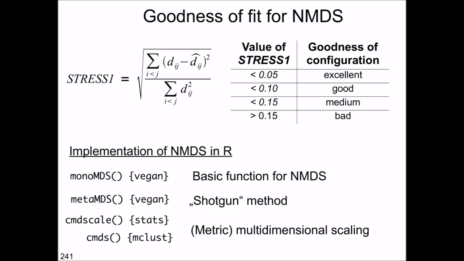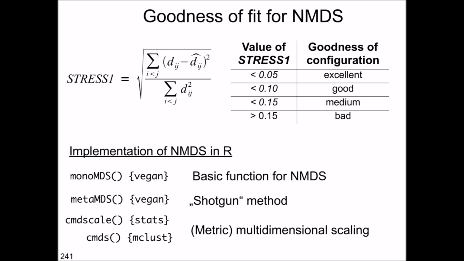And this so-called goodness of fit measure is called stress 1. And you see on the right side of the slide values of stress 1 and an interpretation of how good the configuration is.